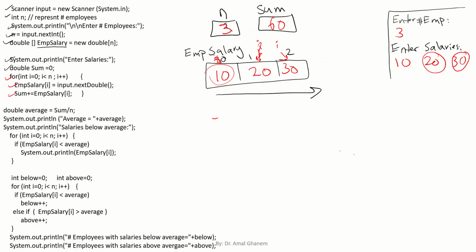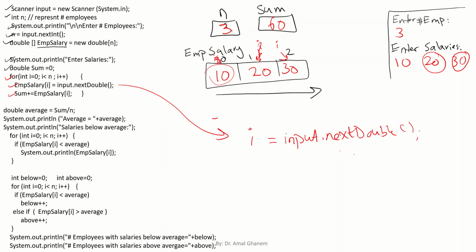Always remember the common mistake: not to do a statement like this. Do not say I equal input.nextDouble.